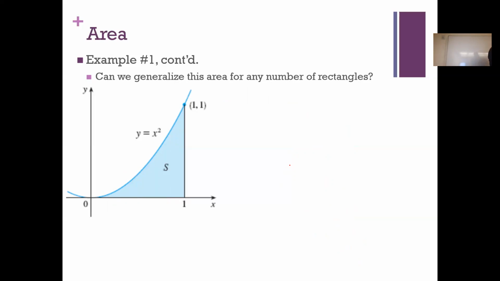I had 4 rectangles, I had 8 rectangles. Now I'm going to call it n, some general number. Same general rationale: I'm taking that X interval from 0 to 1, chopping it up into a whole bunch of pieces. I'm going to use the right-hand side of the interval to tell me how tall those rectangles are, find all those areas, and add them up.